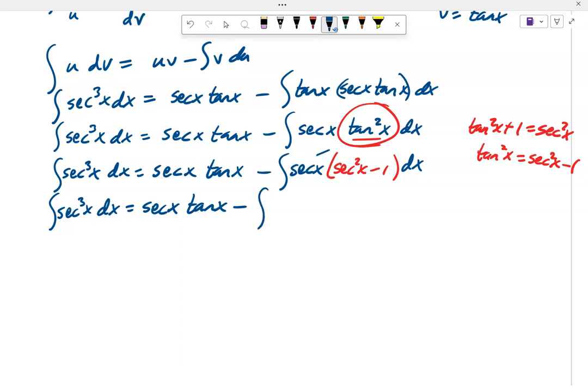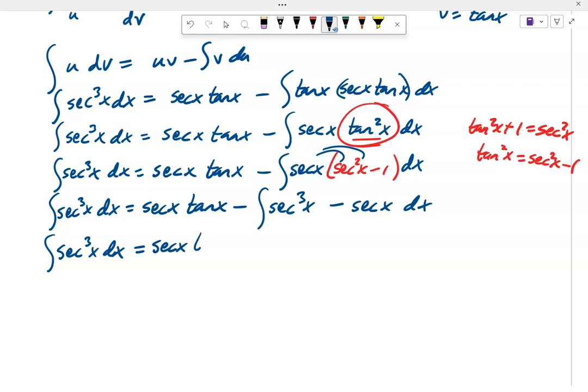And I'm going to go ahead and distribute this. So I got secant cubed x minus the secant of x. And then I'm going to split that up. So minus the secant cubed x. And then now this is going to both. So if I split this up, I have a minus, so that'll be a plus.